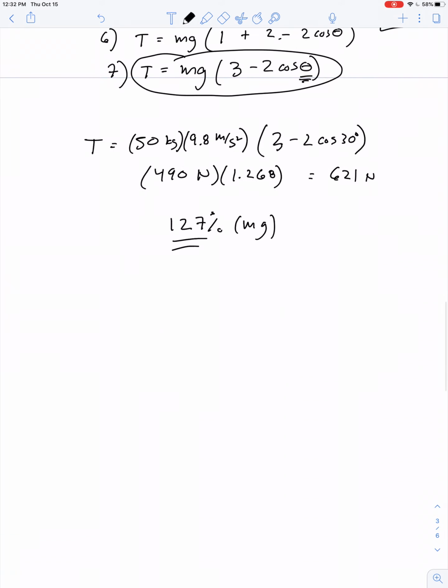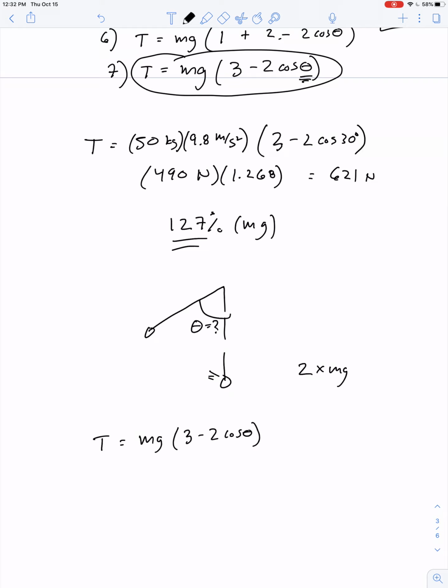So the question we're asking now is, how big would this angle have to be so that somebody who's strong enough to hold 2 times their weight would just barely be able to hold on as they swing through the low point? So T equals mg times (3 minus 2 cosine theta). That's our result. And we're suggesting here that the tension would be equal to 2 mg.